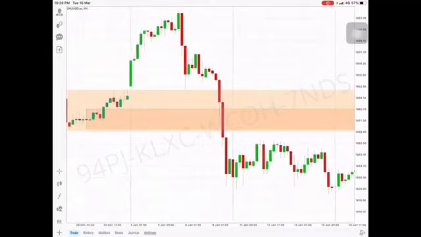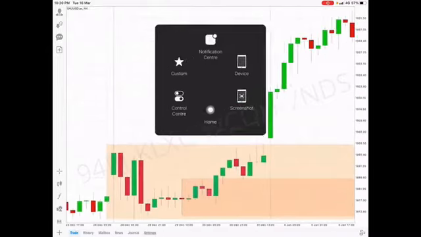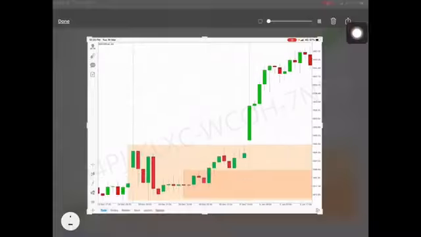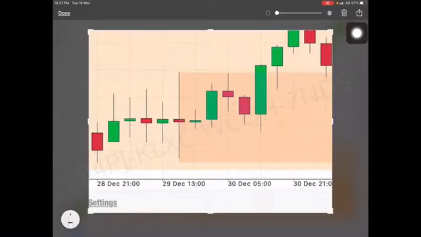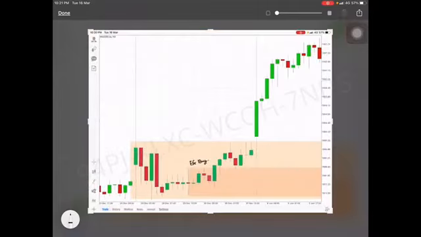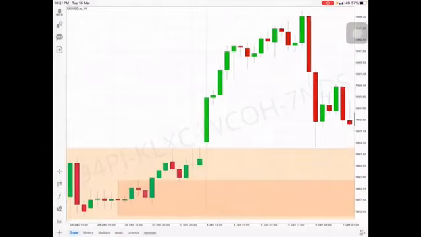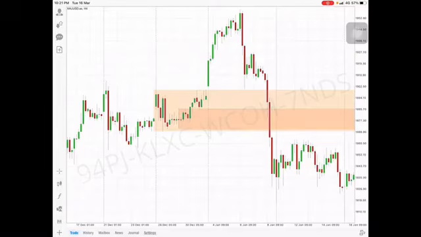So on the H4, this is engulfing buy, right? And then when the price reached the zone right here, it broke down. So now we are looking for sell.